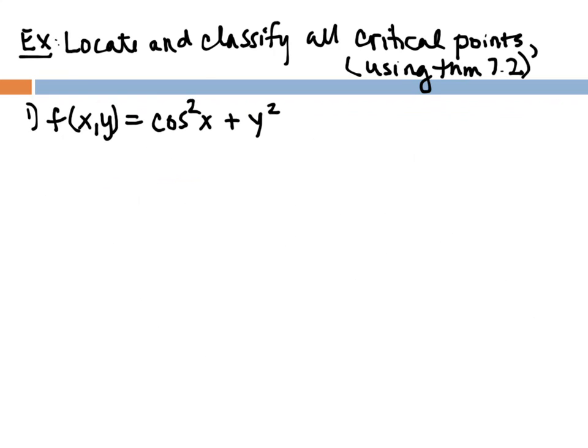So, let's take a look at this function right here. You guys are fantastic at first partials, so somebody tell me what is the first partial derivative with respect to x? Negative 2 sine of x. I think we might be missing something. I need a cosine of x.